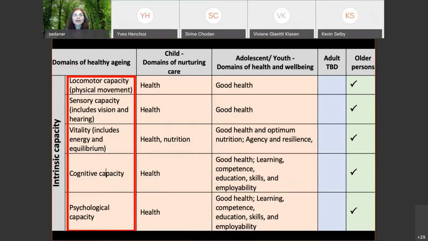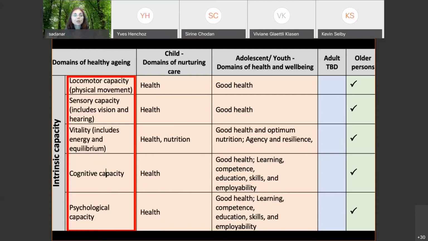we have identified these domains, and we also are looking across other life stages to see where the literature has identified domains. But our focus really is on older adults for looking at what is the current data availability to try to actually assess each of these domains.